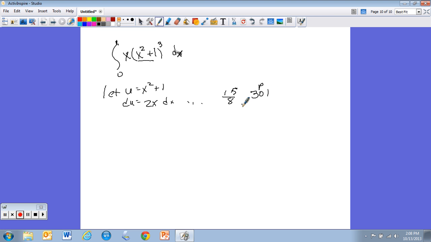Okay, well, let me find a better one that does what I want it to do. And that's the one we're going to try. How about... I can't even find one that's doing what I want it to do. These are all working out too nicely.